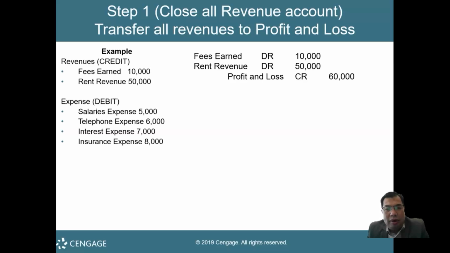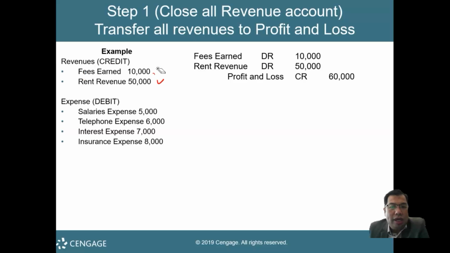So in this example, you are given these assets. Your revenue, you have 2 types of revenue: fees earned and rent revenue. As you have learned before, revenue is a credit balance account, so you need to debit this account in order to close this account, to have a zero balance.